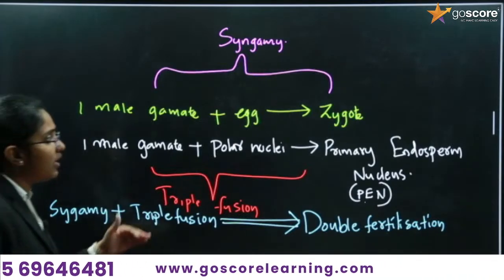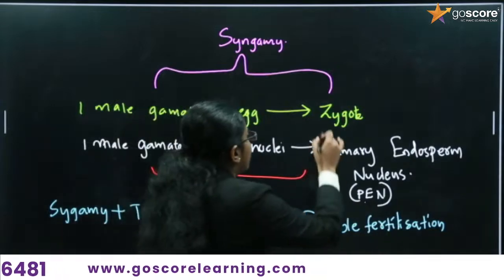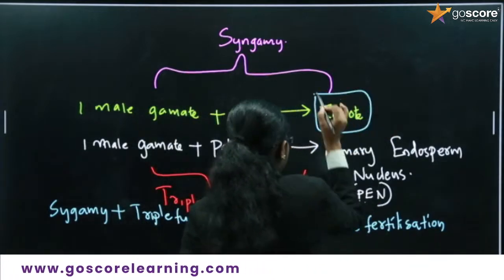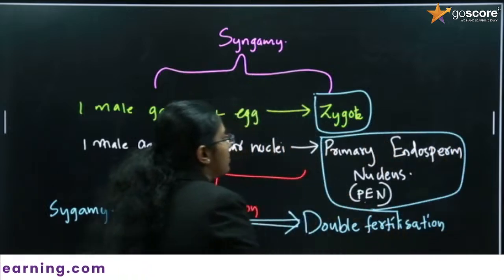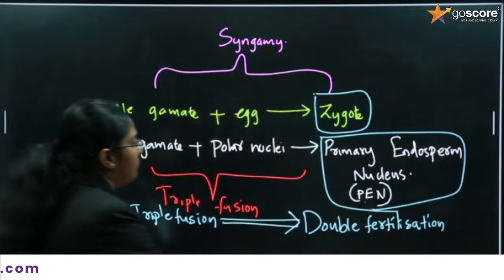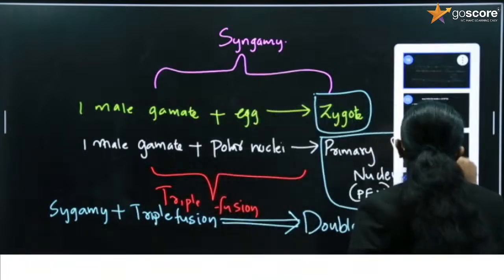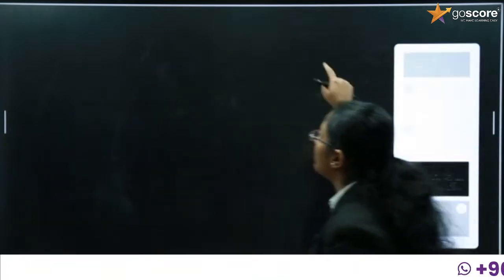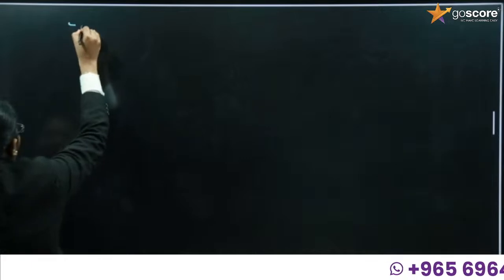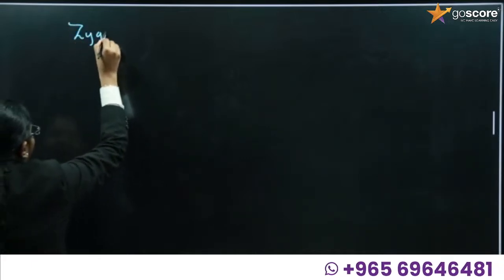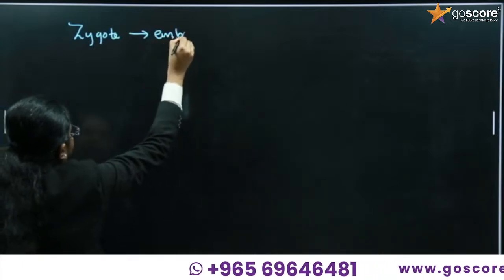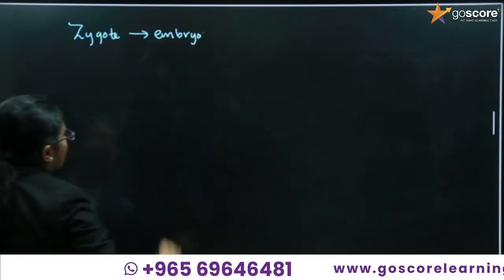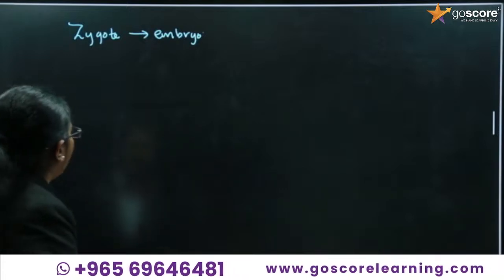Next question: what happens to the zygote and what happens to the PEN? My dear students, keep in mind that the formed zygote will undergo many divisions to form the structure called the embryo.